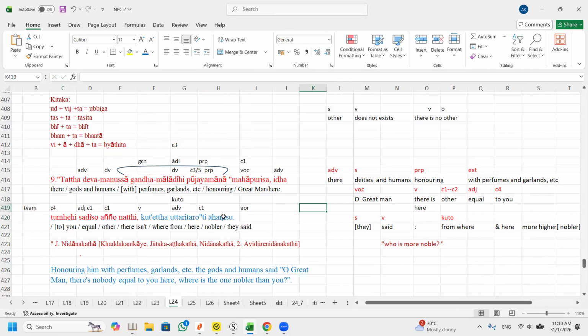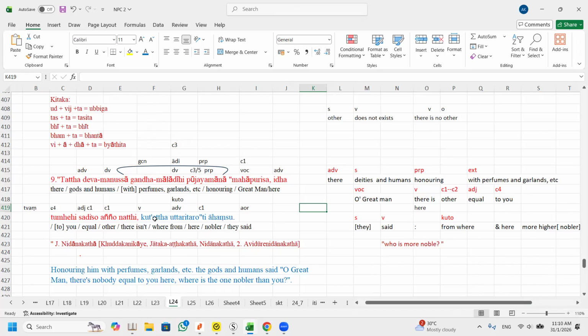Now, can you see uttaritaro? This is comparative. So what you do is here, can you see the kuto? That means you have to break this up like that.